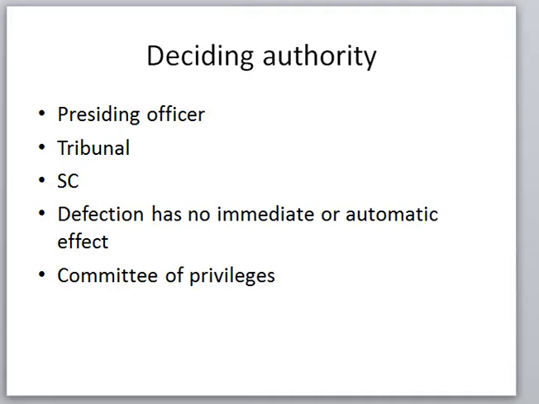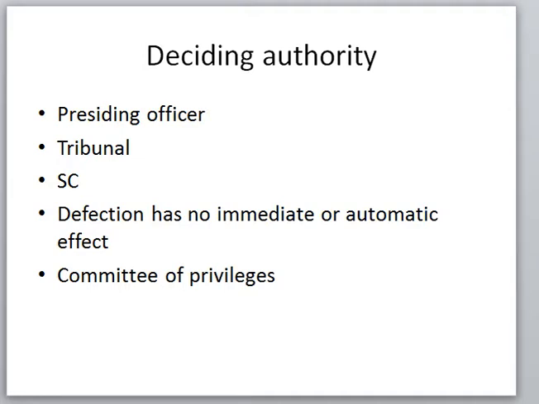If you have to decide whether a particular member should be disqualified or not, then that matter will go first to the presiding officer. Then the presiding officer can refer that matter to the committee of privileges. Then that committee will scrutinize that matter. Then the presiding officer will give time to the member whose case is being discussed to speak.